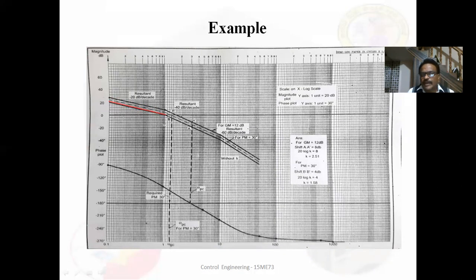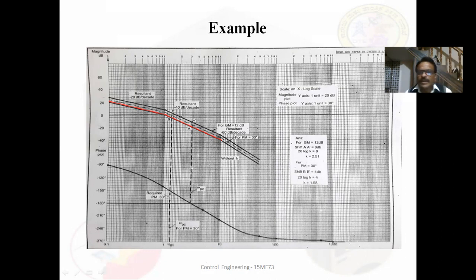Then you take another factor, that is a first order pole, so the resultant magnitude is minus 40 dB per decade. From this point you count minus 40 per decade, where it starts at 1 and ends at 10 radian per second.